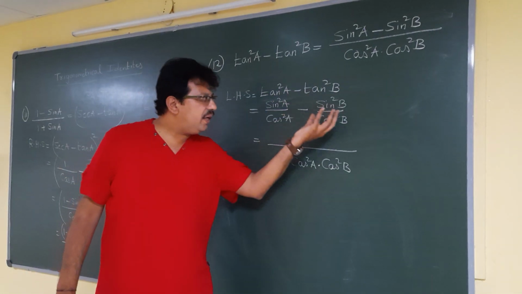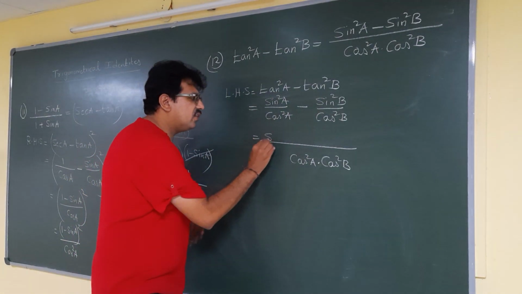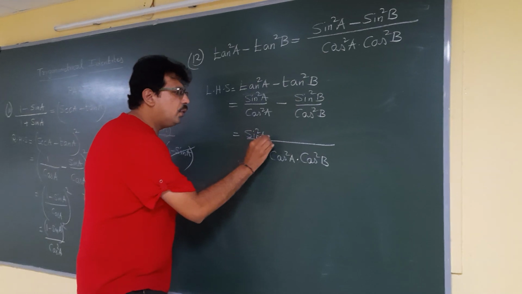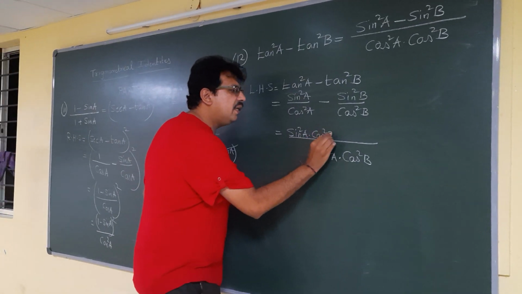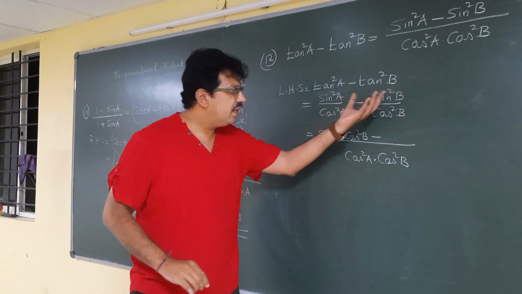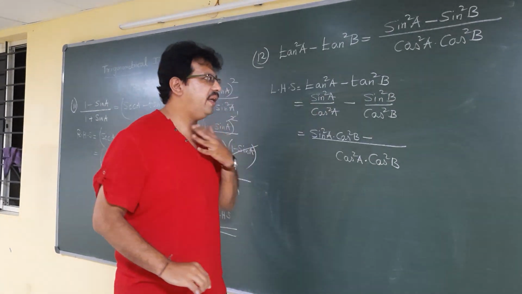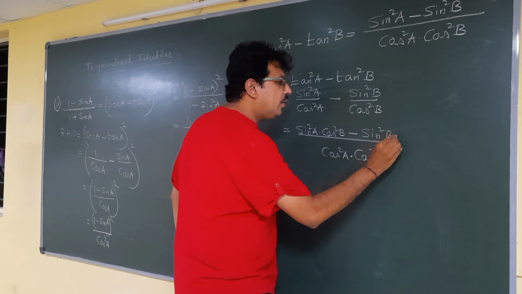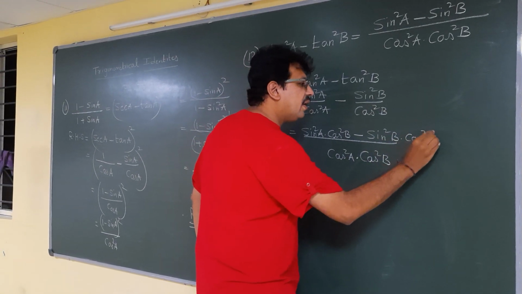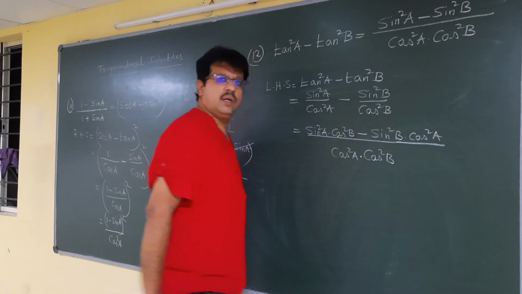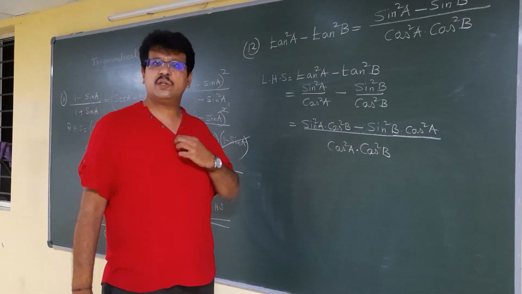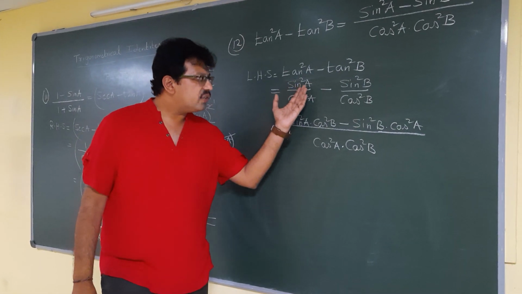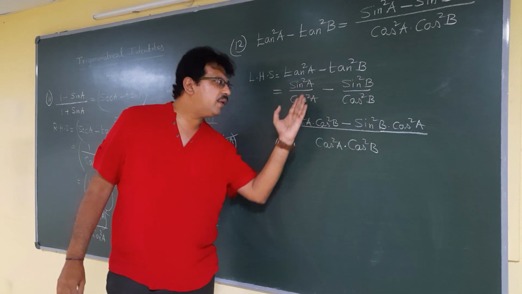Sin square A into cos square B minus, the same way, sin square B into cos square A. I hope you are clear with the LCM here, all of you children, because this numerator is sin square A into cos square B minus sin square B into cos square A.